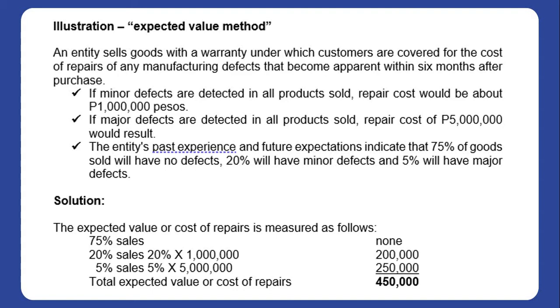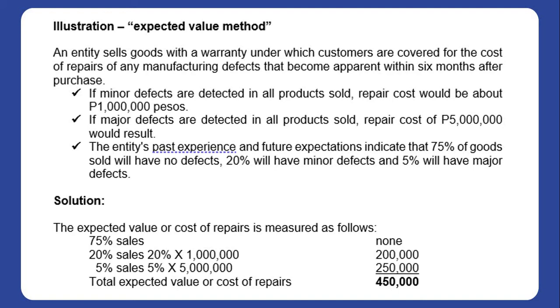If major defects are detected in all products sold, repair cost of 5 million would result. So there are two classifications of defects here, minor and major, and each type of defect has a corresponding repair cost.